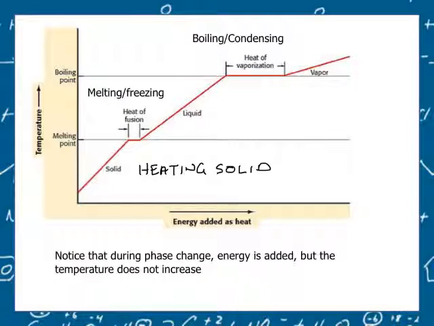Once that solid has reached the melting point, it can begin transitioning to a liquid. So melting, or if we're going back down the graph, we would say freezing. And if you'll notice here, energy is still going in because my line is moving to the right, which is energy, but it isn't rising any in temperature.